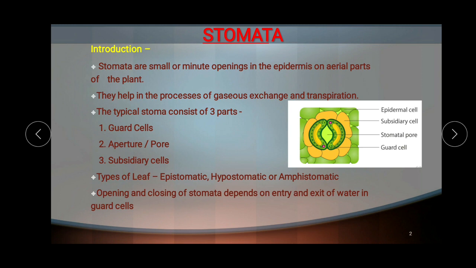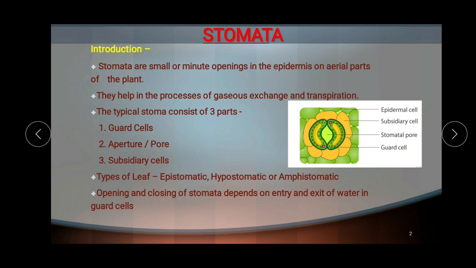In this diagram, you can see the stoma has three basic parts. The most important part of the stoma is called the guard cells. These guard cells are two in number, which are very important for the functioning of the stoma, because the opening and closing of the stoma depends on the functioning of the guard cells.